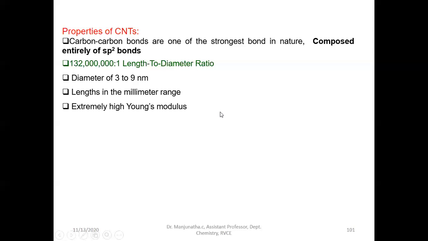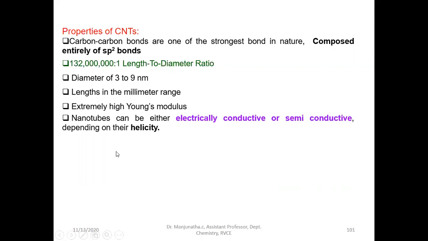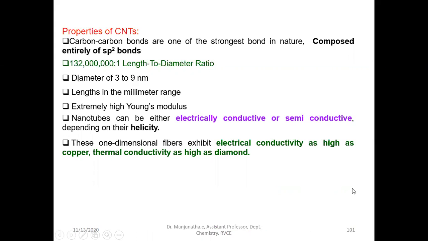It has extremely high Young's modulus. And this carbon nanotube can be electrically conductive or semiconductive. Or if you functionalize with some groups and destroy the conjugation, it becomes an insulator. That is the beauty of the CNT. You can convert conducting to non-conducting, non-conducting to semiconducting, just by substituting, doping or some functionalization.